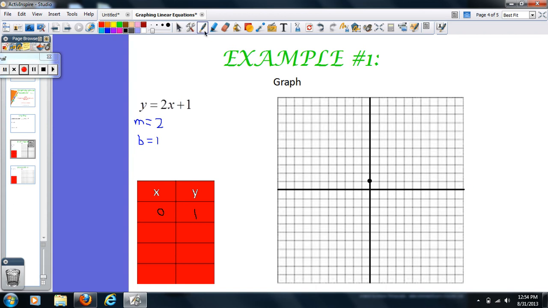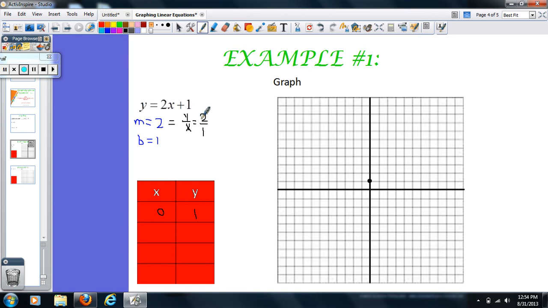And I also know that my slope is going to be 2, and if you guys remember, slope is always y over x. Okay, and so I need to turn this into a fraction, so I'm going to do 2 over 1.